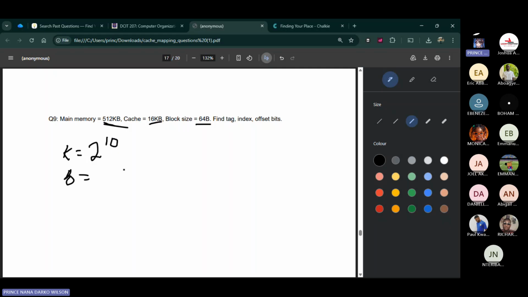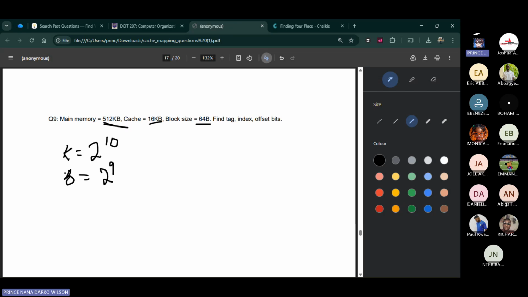Let's start big. 2 to the power 4 gives us 16. We know 5 is 32. 6 is 64. 2 to the power 7 is 128. 2 to the power 8 is 256. And then 2 to the power 9 is 512. So this means that for this one, the byte is going to be 2 to the power 9.